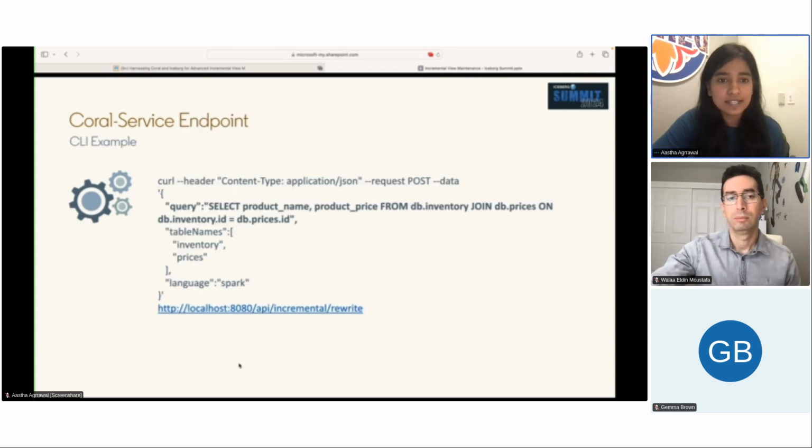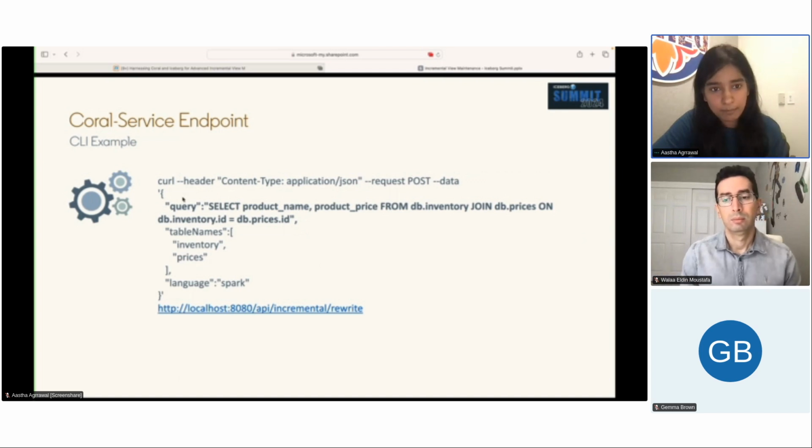So let's look at a CLI example for the same endpoint, where you can fire this POST curl request, providing the query that you want to convert, and the base tables, in this case inventory and prices, that you're referring to. You're also expected to provide the language, which would be Spark in this case. We fire this curl POST request to the same endpoint.